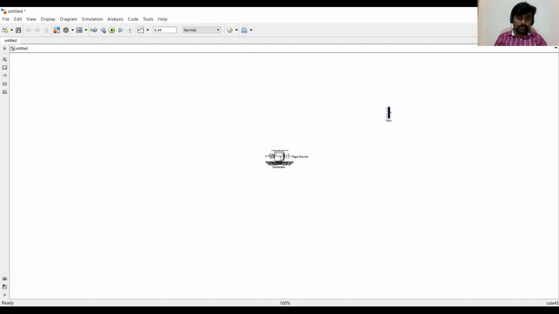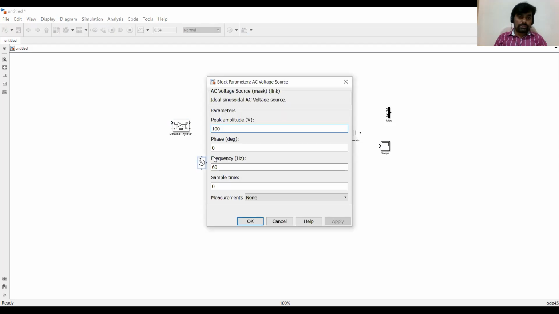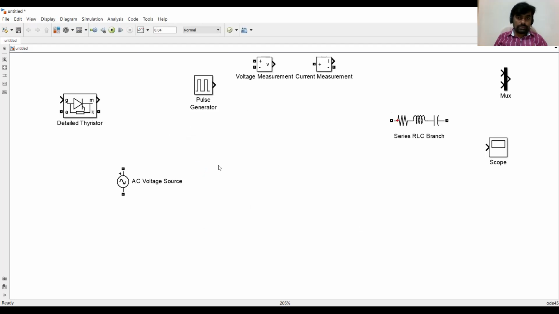I will extract them one by one. Now I will build the circuit. Here the input is a 50 Hz supply, and I will take 230 volts because it is single phase.